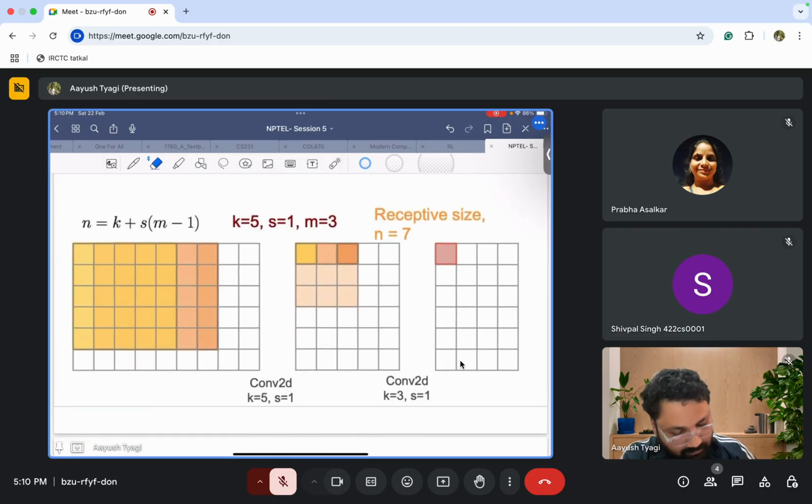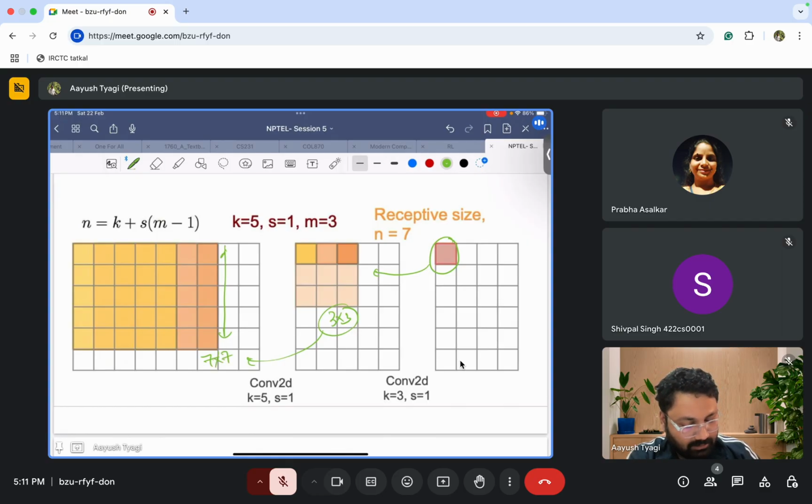For this neuron, you have a receptive field of 3 cross 3 if you move one step behind, and a receptive field of 7 cross 7 if you move one more step behind. If you do a quick computation of the number of parameters we are using, 7 cross 7 has 49 parameters.